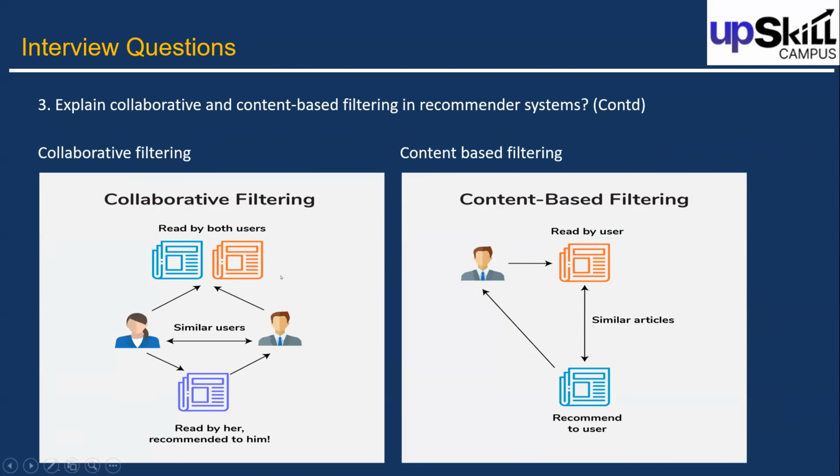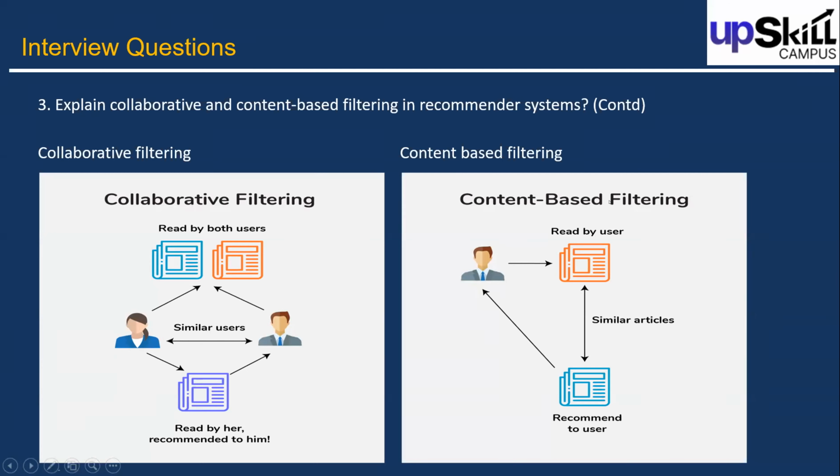So here's a quick diagram on it. In collaborative filtering, if she and he have read the same newspaper, they are similar users. So if she reads a new newspaper, it will be recommended to him because they are similar in nature.